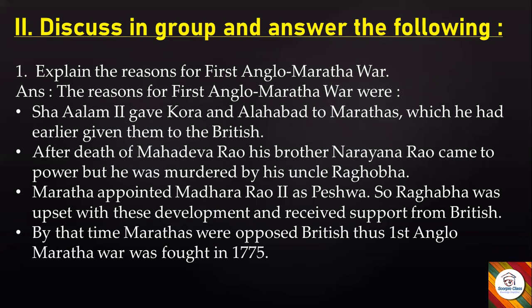Maratha appointed Madhara Rao II as Peshwa. So Raghoba was upset with this development and received support from British. By that time Marathas were opposed and the British thus started First Anglo-Maratha War and it was fought in 1775. So these points you can remember.